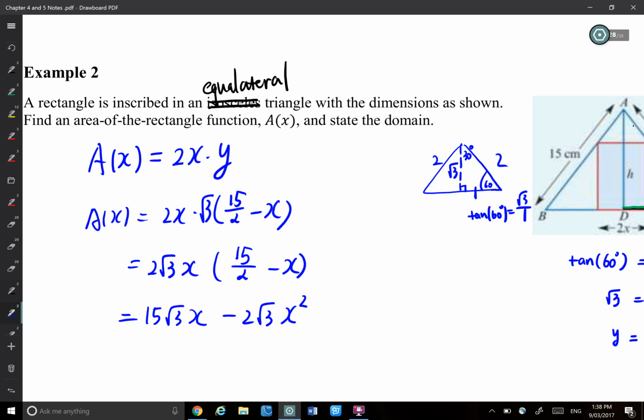And what's the domain? Can x be negative? No. Can x be very large? It has to be within the triangle, right?